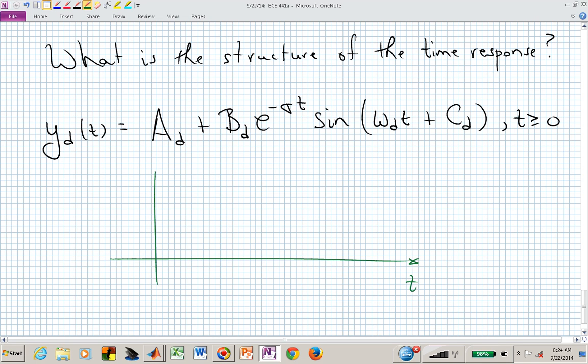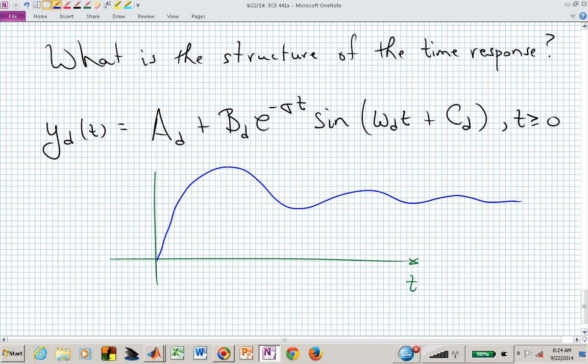Now we have something that's approaching a constant. What constant is it approaching? A sub d. And it's approaching that just like our previous sketches did with these exponentially damped sines and cosines, which means that we now could sketch this like that.